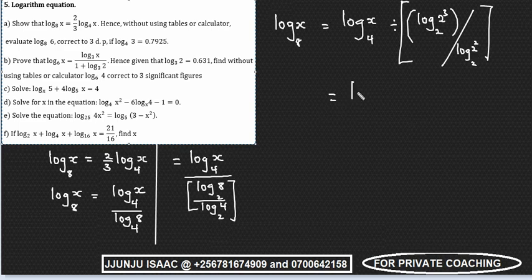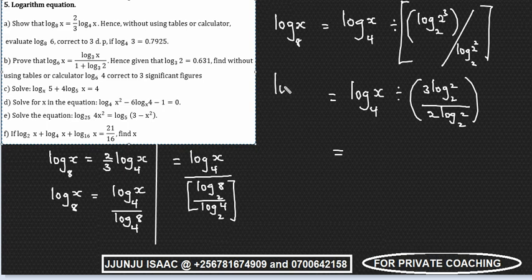so this will give us log base 4 of x divided by, now this is going to be a 3 because you can put a 3 here, then log base 2 of 2, and that is a 1 over, now even this 2 can be brought here, we write 2 log base 2 of 2, and this gives us this.